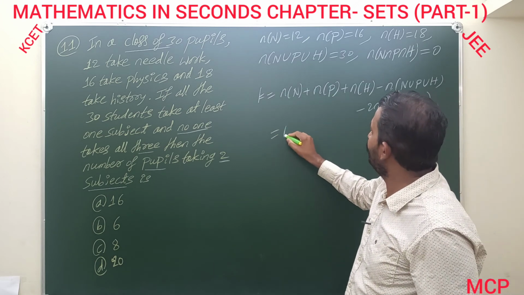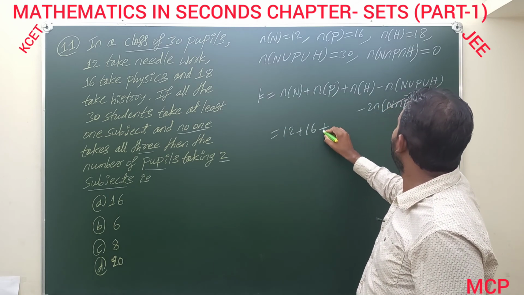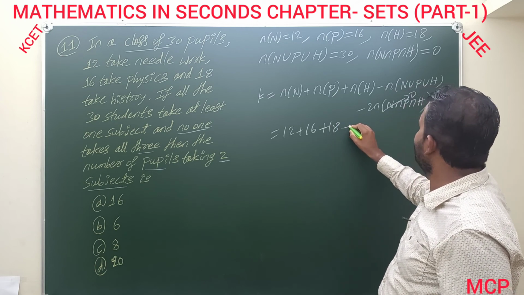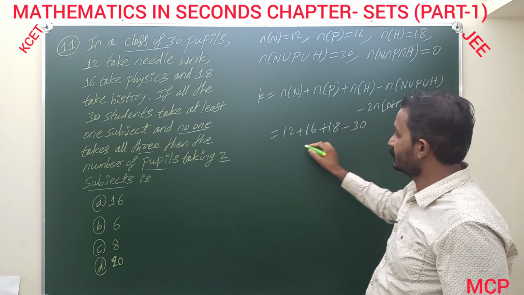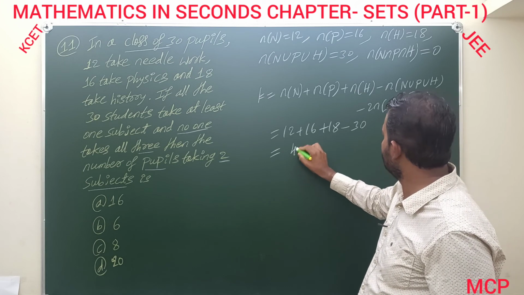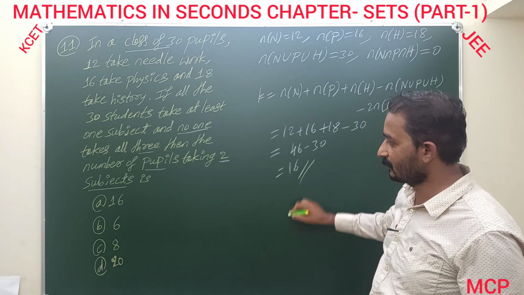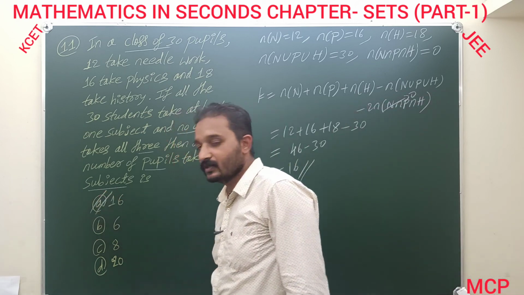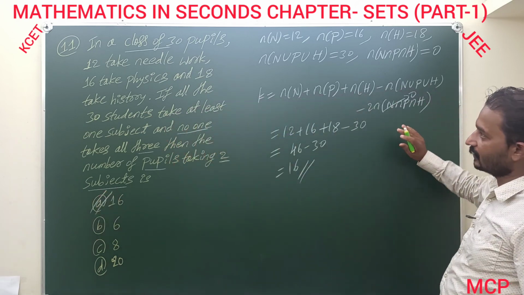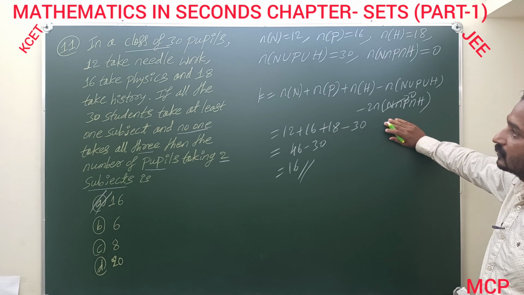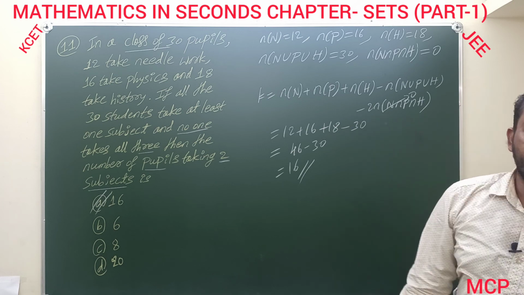So N of N 12 plus 16 plus 18 minus 30 in this case. So this is 46 minus 30. So answer 16, option A is correct. Easy question. All the students can solve this type of questions. So I am solving this question by shortcut method. Take down.